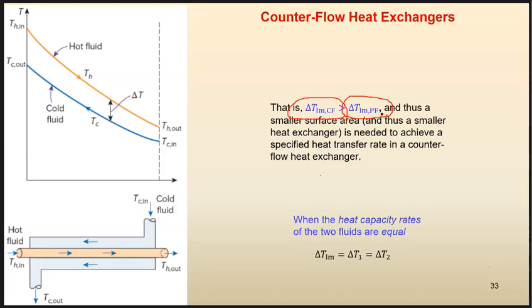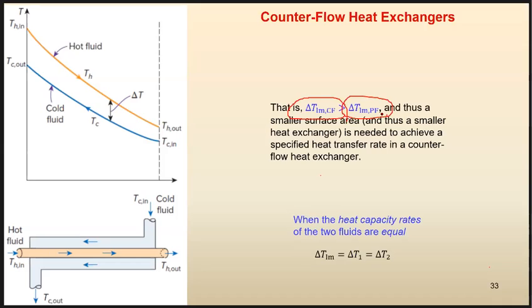And this is very good. It means you have a larger driving force for heat transfer between hot side and cold side. So you can use a smaller heat exchanger for the same rate of heat transfer.